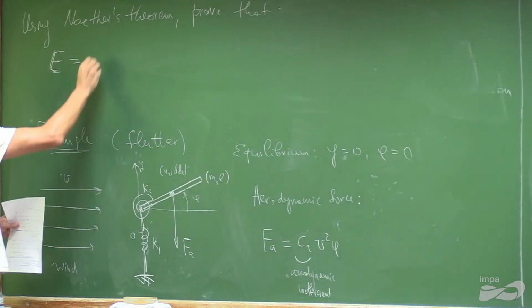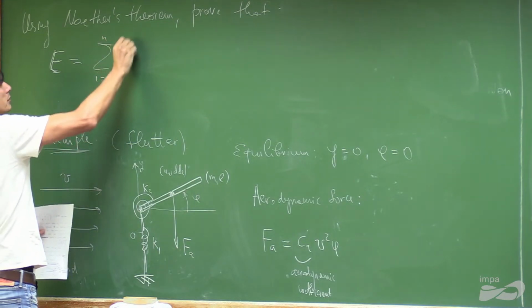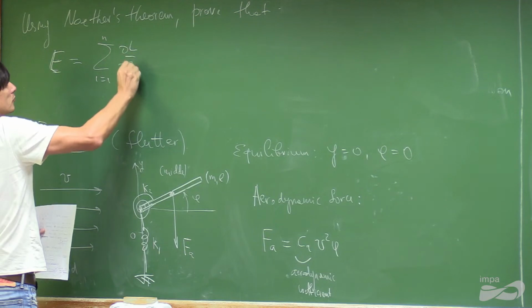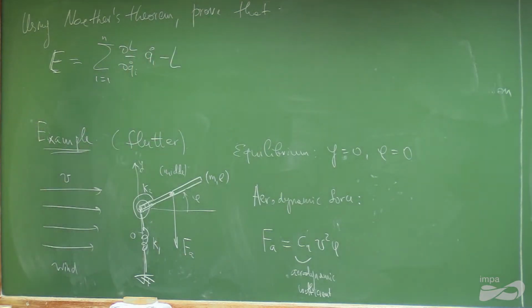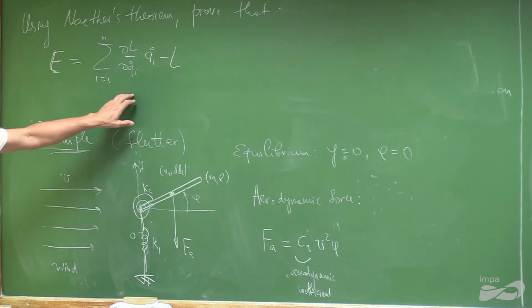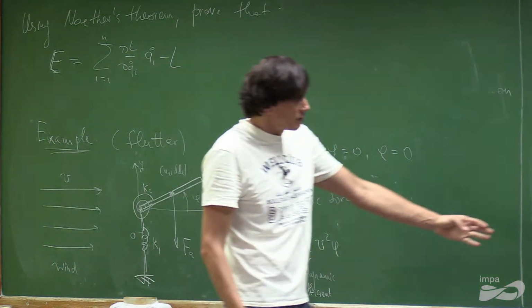So energy, there was a formula which is dL/dq_i dot q_i dot minus L. Remember that formula. That was the energy for an arbitrary system with a Lagrangian that does not depend on time, which is the case here.